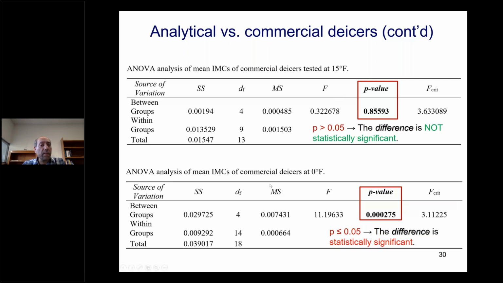So we did ANOVA analysis for commercial deicers at 15 Fahrenheit and 0 Fahrenheit. At 15 Fahrenheit, the difference again is not significant, but at 0 Fahrenheit, you can see the value is too low. So we can see that for commercial deicers, the differences between ice melting capacities are significant.